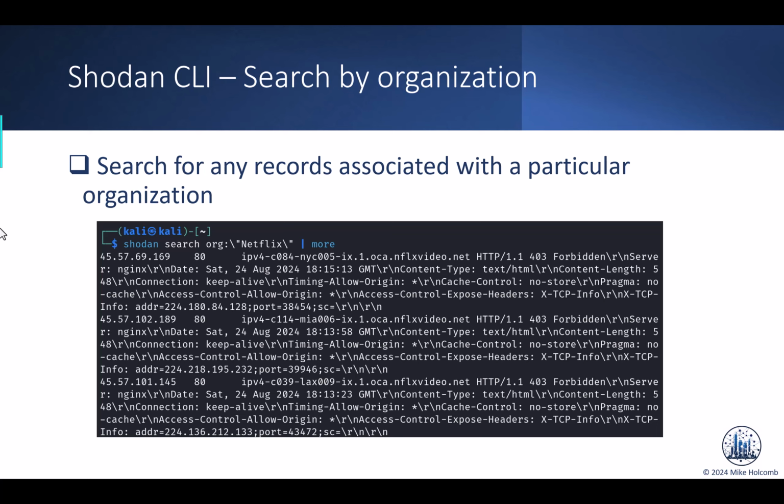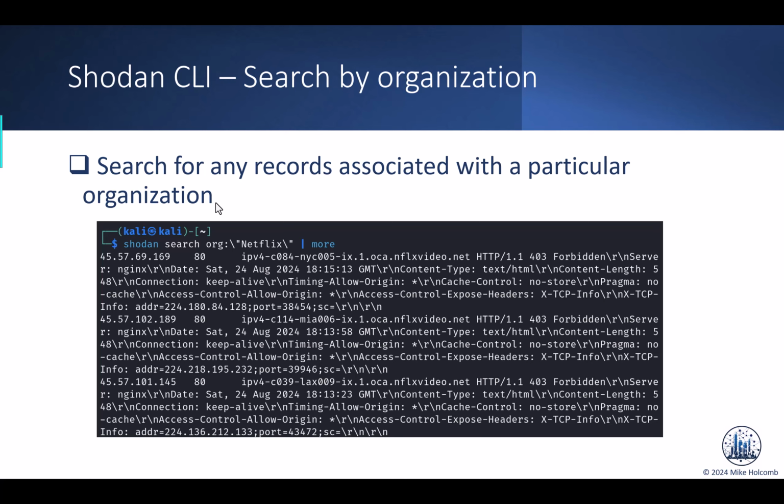So it's not just limited to host addresses for a domain, but now you're seeing anything where it saw a mention of Netflix. And then there you saw, oh, we are seeing some new hosts because we get this really long host name that ends in nflxvideo.net. It's like, is that associated with Netflix or not? Based off of this search, it appears to be, but we'll definitely want to do some additional research just to make sure. Right. So Shodan does index a lot of information, at least for those services that it finds out on the internet.